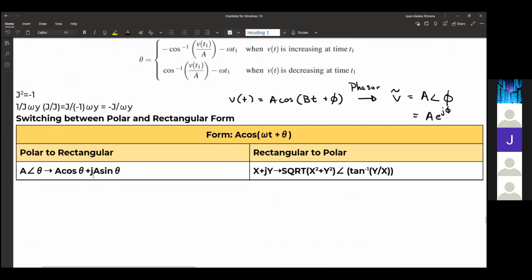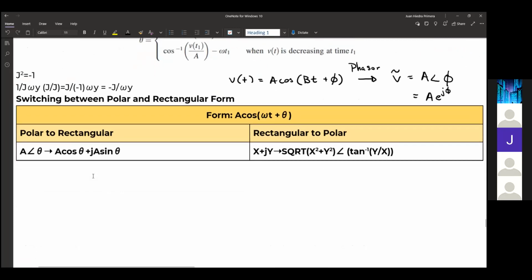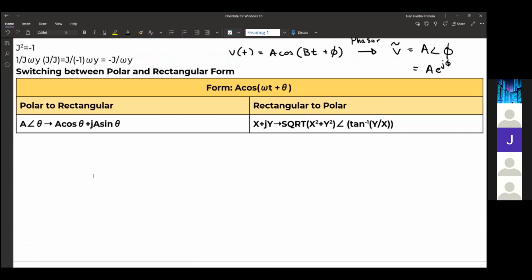This is to represent the phasors. It's a pretty easy way of thinking about phasors. When you have your complex numbers, you have the same number on the real and imaginary plane, with a magnitude of A at an angle of delta.